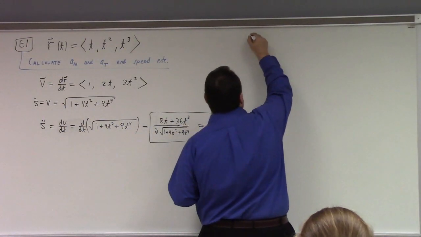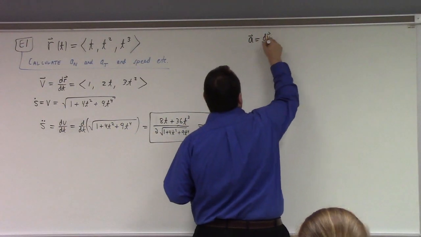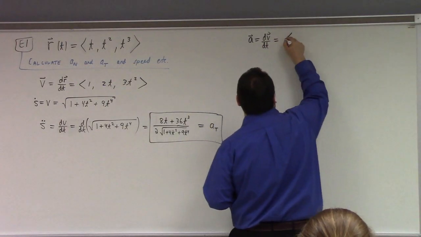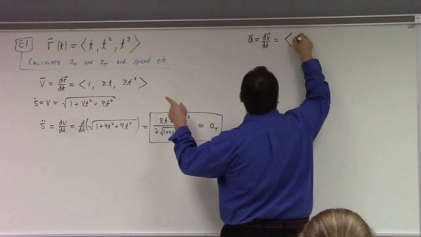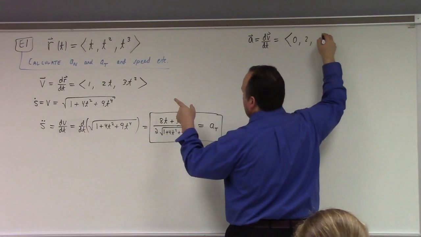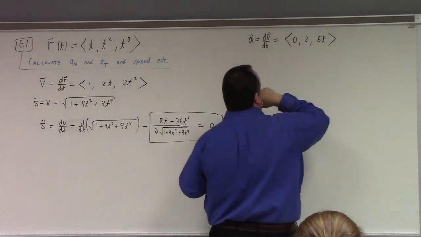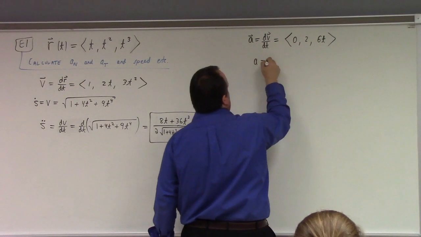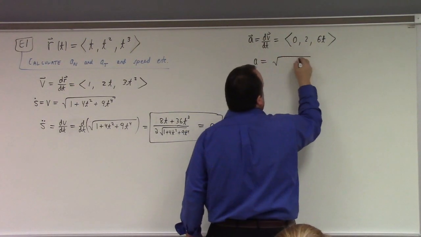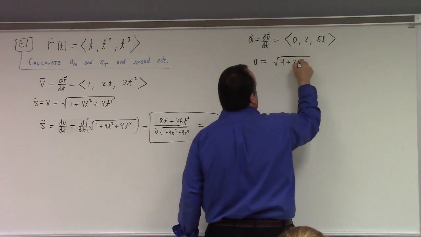So acceleration, dv/dt, is what? (0, 2, 6t). So the magnitude of the acceleration is simply the square root of 4 plus 36t squared.